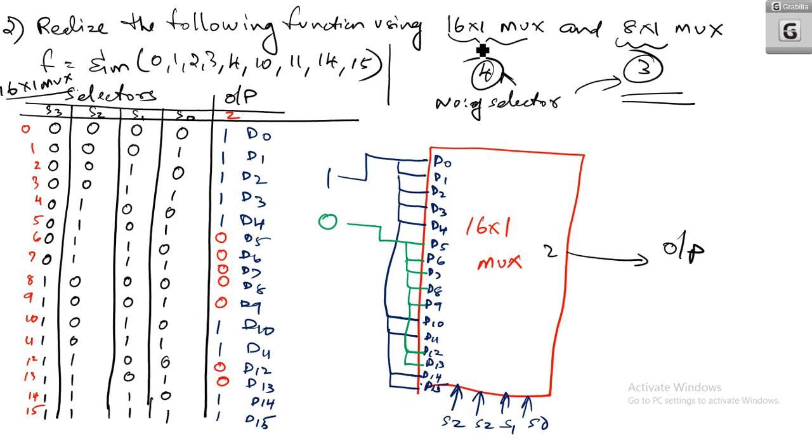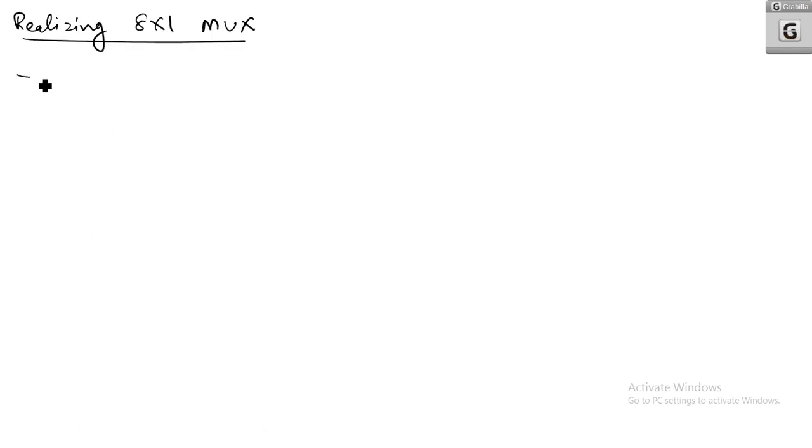Whereas for the 16 by 1 mux we are having 4 selector switches, here we are having only 3 selector switches. So what I am going to do is make the 4th selector switch an input.